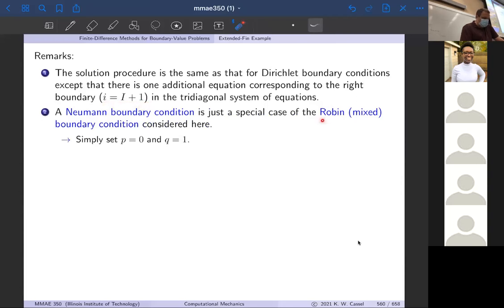Now, the Robin boundary condition, where we had P times u plus Q times du dx is equal to R. If you set P equal to 0, then you get what's called a Neumann boundary condition.